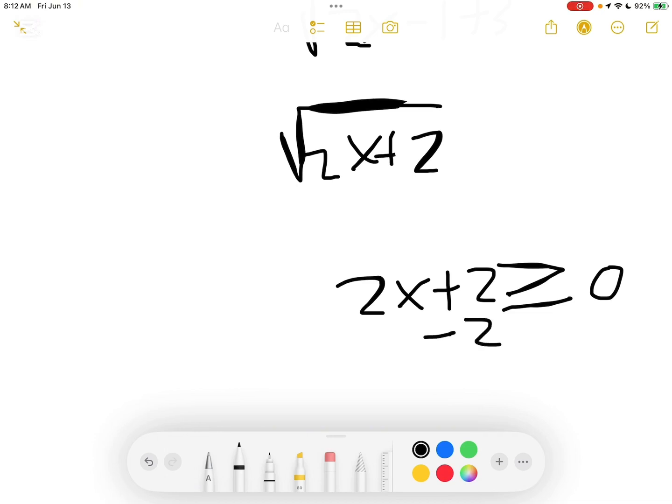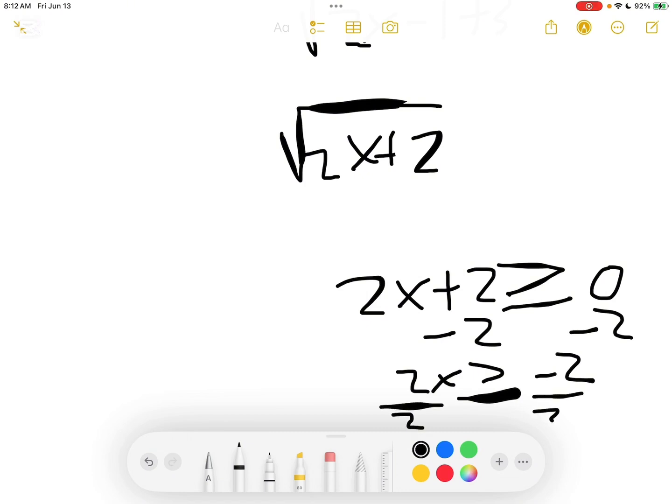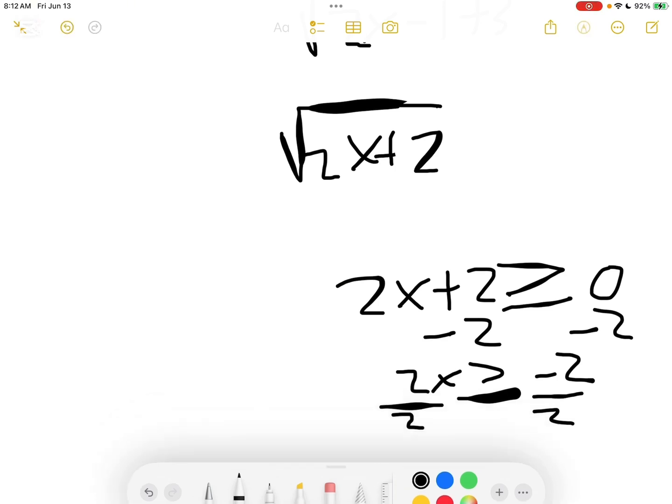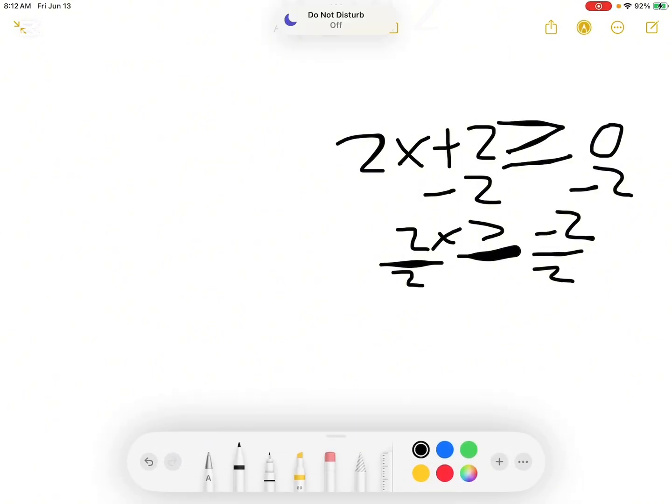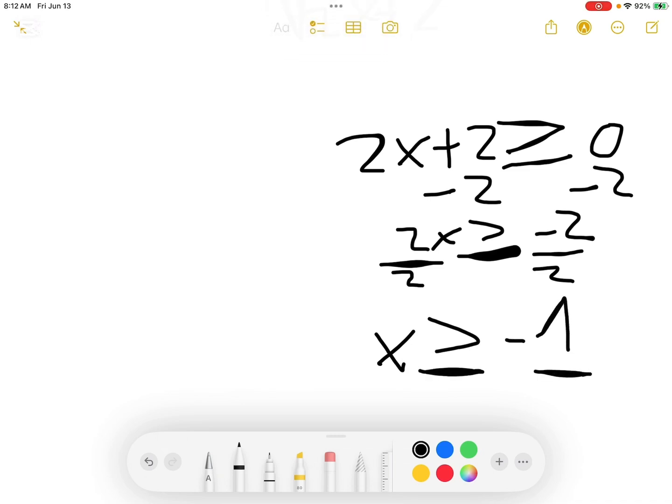So, we'll subtract the 2 from this side, as well as this side, and we'll have 2x is greater than or equal to negative 2, and then from there, we'll divide by 2 on both sides. And then we will get x has to be greater than or equal to negative 1. And that would be our domain for f of g.